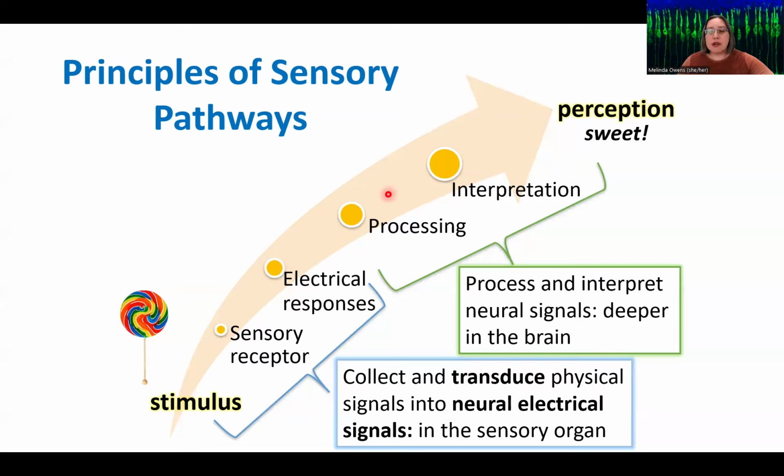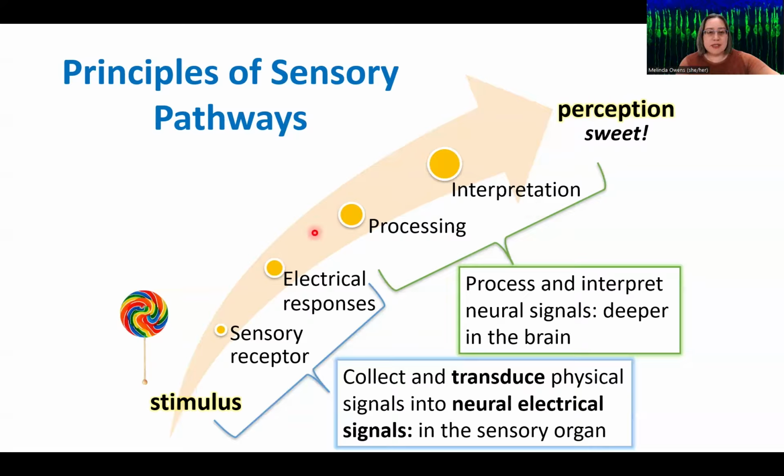And then further on in the brain, deeper in the brain, we process and interpret these signals to give them meaning. So in this case, it's the meaning of sweetness. And that meaning allows us to act appropriately on this signal, whether we want to eat it or not.